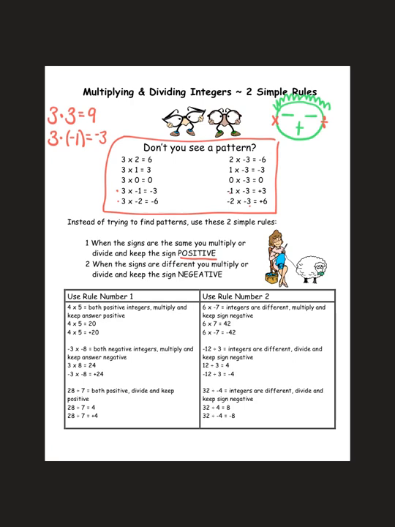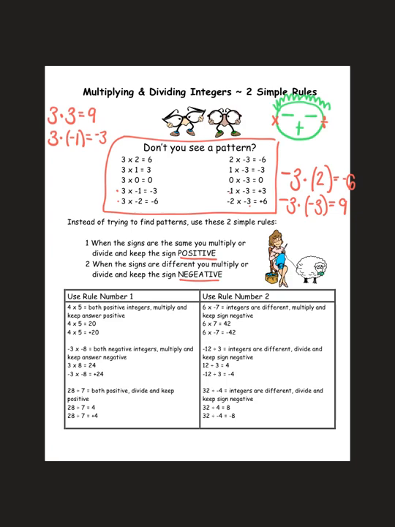When the signs are different, you multiply or divide, just like it tells you to do, and then you keep the sign negative. So if the signs are different, like negative 3 times 2, it would be a negative answer. If the signs are the same, negative 3 times negative 3, then your answer is going to be a positive because those signs are both negative.